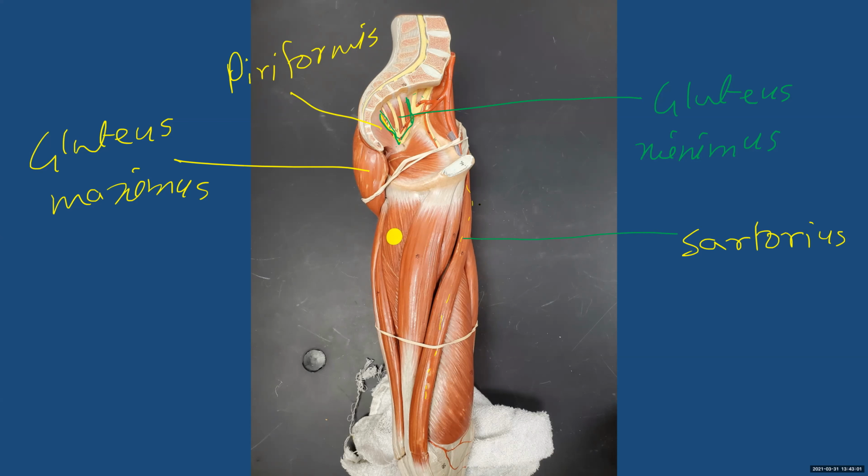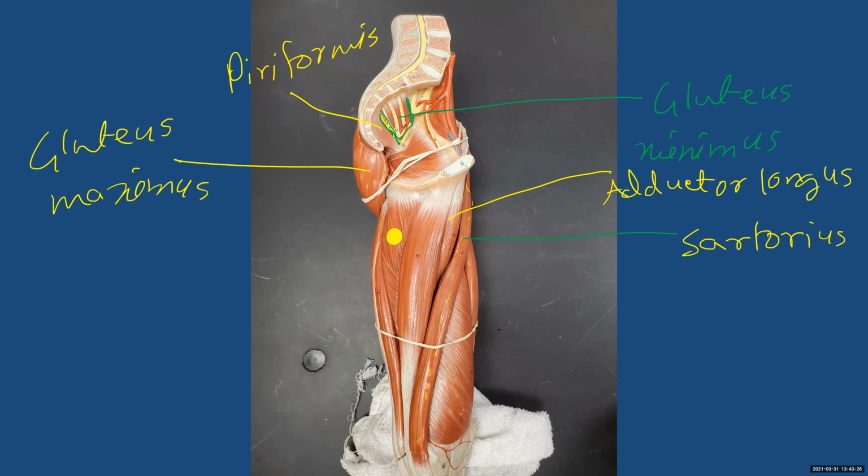This would be adductor longus. Pectineus is pretty small. So when this muscle is this large, it can't be pectineus. So pectineus and adductor brevis are kind of hidden. Adductor longus.